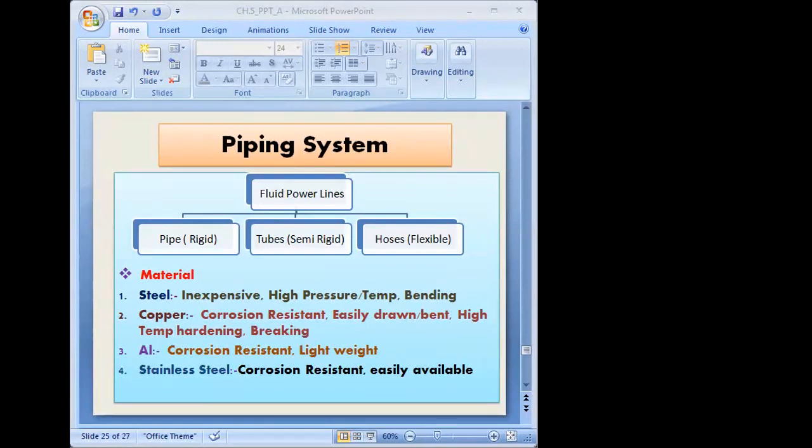See, the control and the application of our fluid power. If you consider hydraulic as well as pneumatic, both are part of fluid power. So controlling and applying this fluid power would be impossible without a suitable system for transferring the fluid. I am saying fluid because it can be water or oil as well as air.